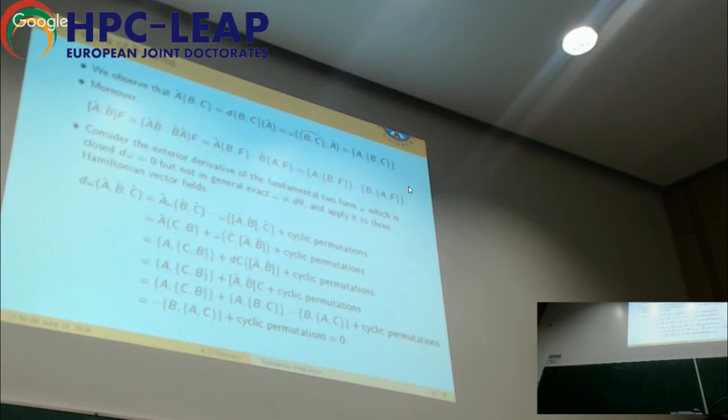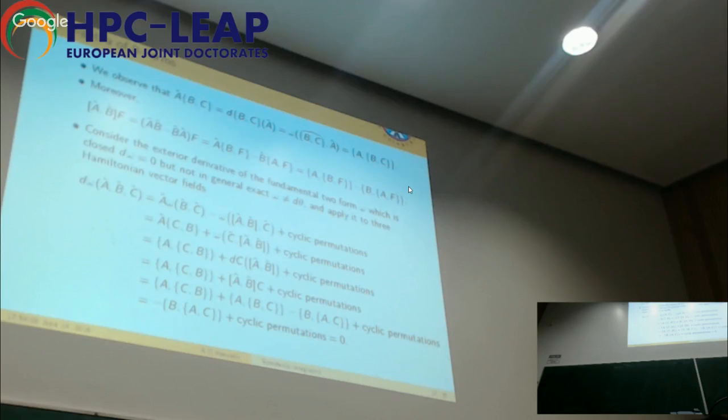So we get A hat applied to the Poisson bracket of B with F, minus B hat applied to the Poisson bracket of A and F. But that, using the line above, is just the Poisson bracket of A with the Poisson bracket of B and F, minus the Poisson bracket of B with the Poisson bracket of A and F. So we can express this commutator of Hamiltonian vector fields applied to an arbitrary 0 form in terms of the difference of two nested Poisson brackets.